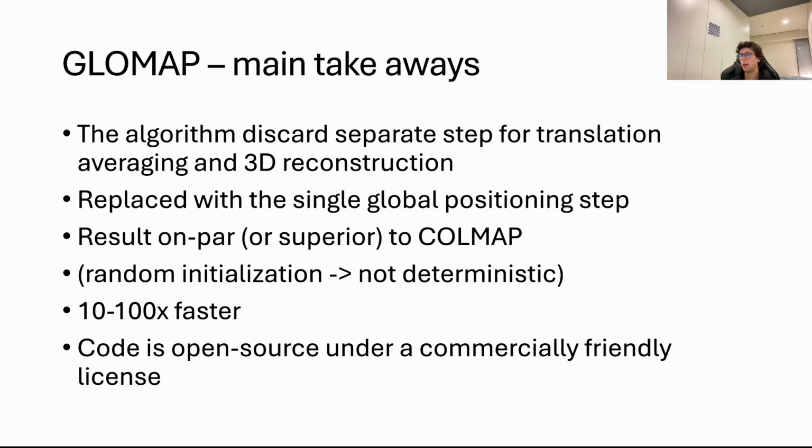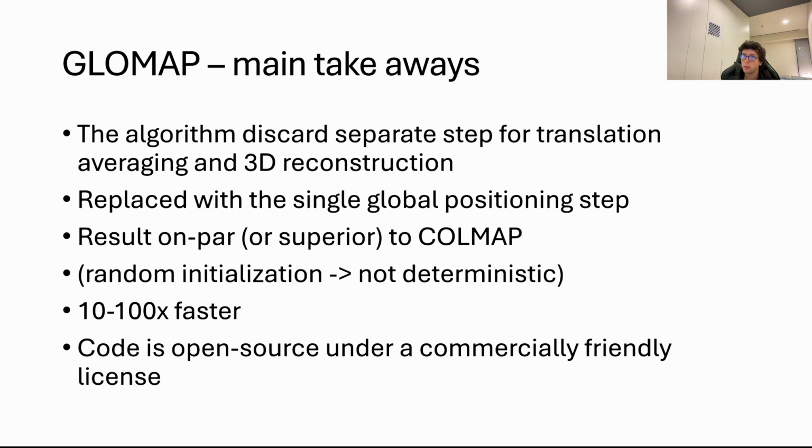We take it away and we replace it with a more robust method that uses this ray difference to minimize and get the solution. And this is a single step that jointly optimizes for poses and points. So they replace this, and then they show that the results are on par or superior to GLOMAP.